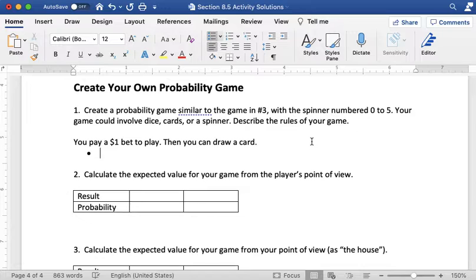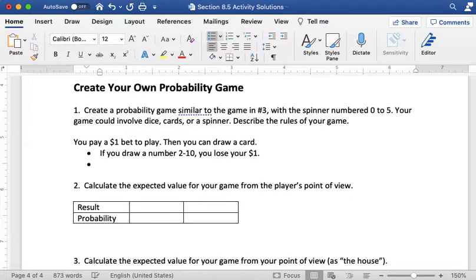And then the way I'm going to set my game up is that if you draw a number card 2 through 10, you lose. So you lose your $1 bet. If you draw a jack, you win $1, and you get your $1 bet back.